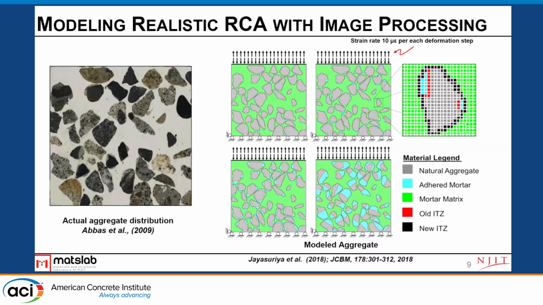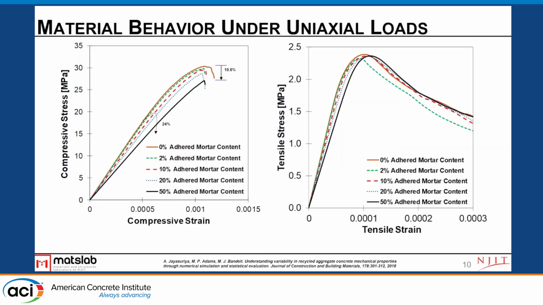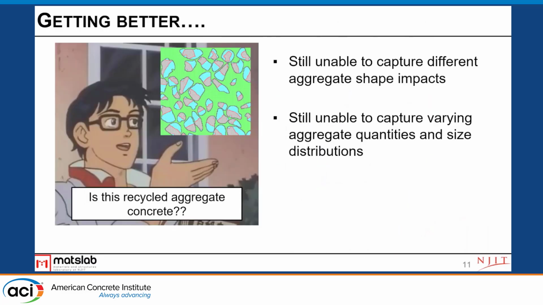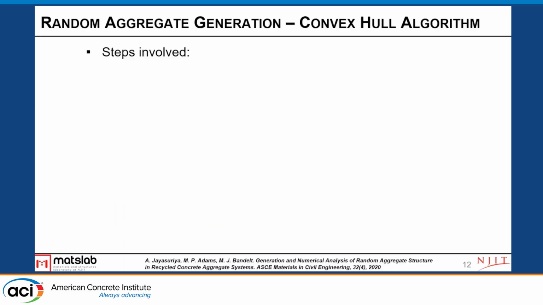But with this, we are able to look at some things like, okay, if we increase the overall adhered mortar content on every aggregate, what changes do we start seeing in compressive response, tensile response? And so that was a good starting point for us. But again, we're still unable to capture all those other dynamic items, which we assume are playing a really important role.